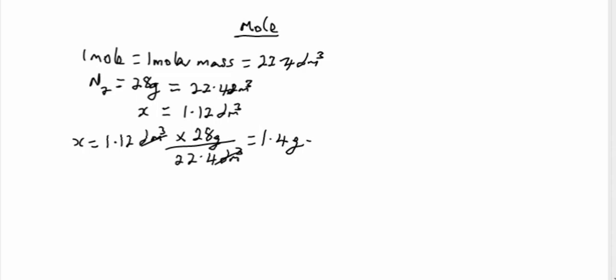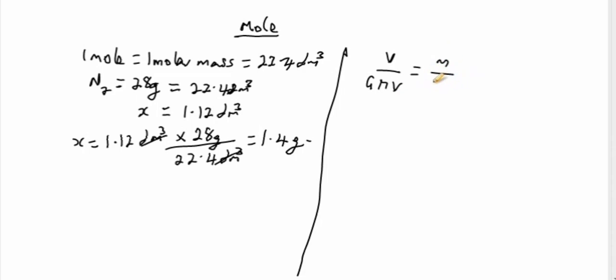Now, 1.4 grams of this gas should definitely occupy the volume of 1.12 dm cube. In an alternative manner, we can simply use the equation which says that volume over the GMV, that's the gaseous molar volume at STP, equals the mole, and mole is the given mass over the molar mass.